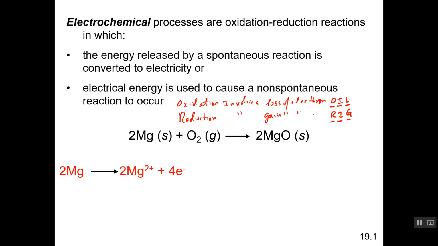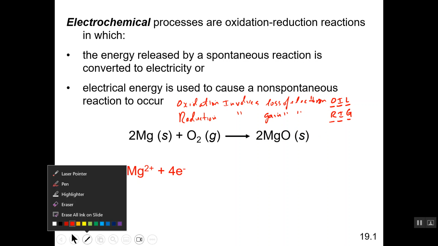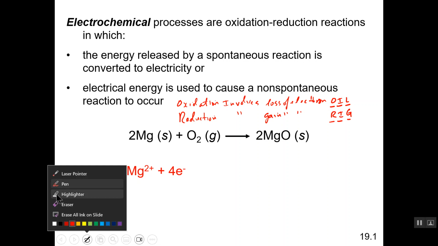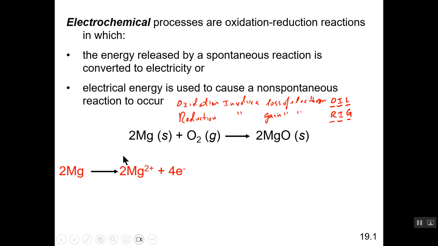Anyway, in this example of a redox reaction, we have magnesium undergoing a change where magnesium, which is neutral, is converted to magnesium ion. So that is the half reaction shown here. The magnesium is converted to the magnesium ion and it loses electrons in the process.